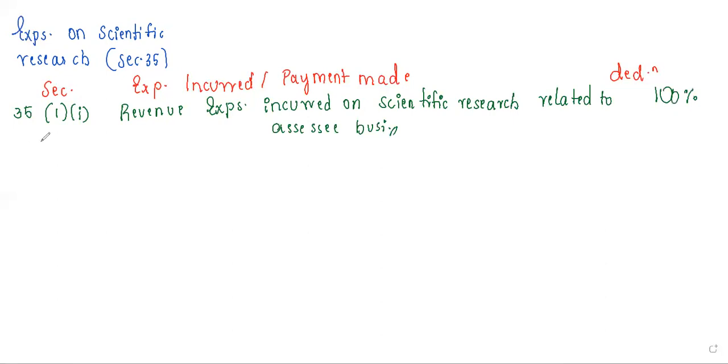The next section is section 35, subsection 1 and the 2. What this will tell you is contribution to a research association for scientific research.